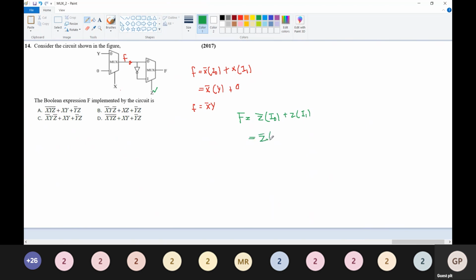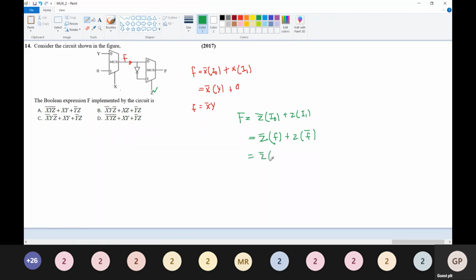Z dash into I0, the value here is f, plus Z into I1, the value here is f dash.